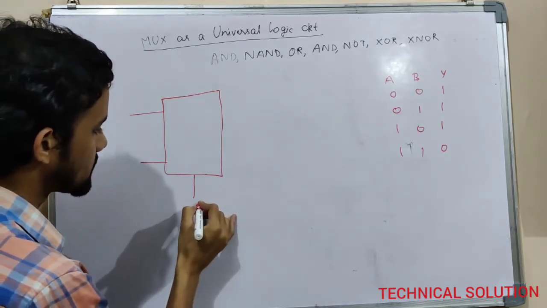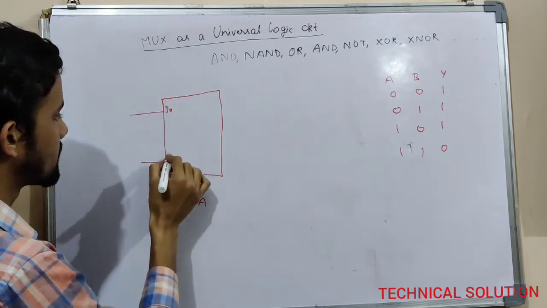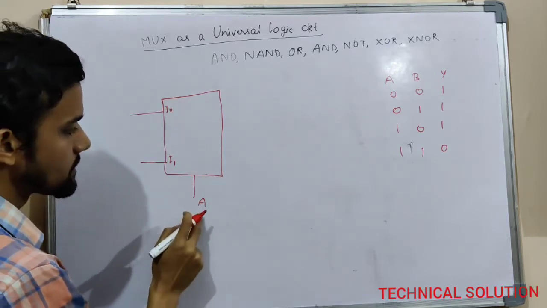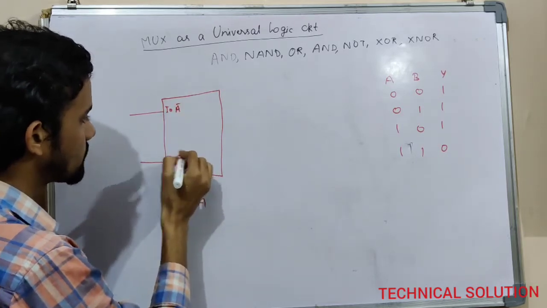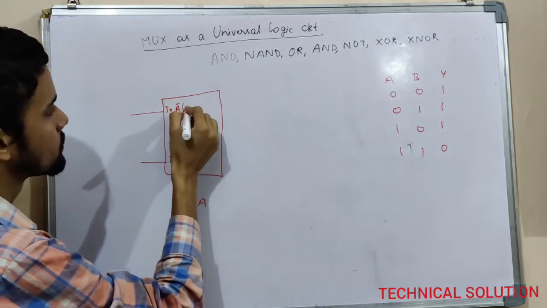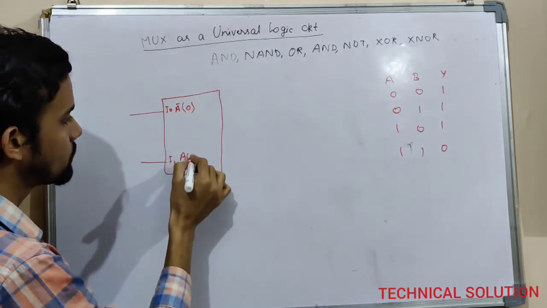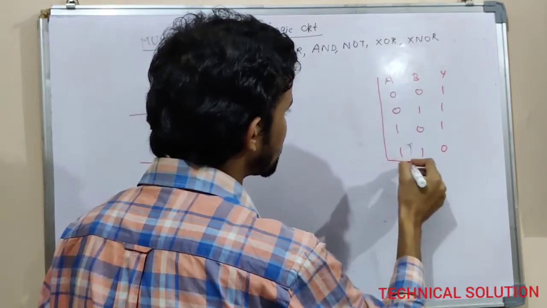Let us suppose this A is the selection line. This line corresponds to I0 and this corresponds to I1. In terms of selection line, this is A bar and this is A. That means A bar corresponds to 0 and A corresponds to 1.